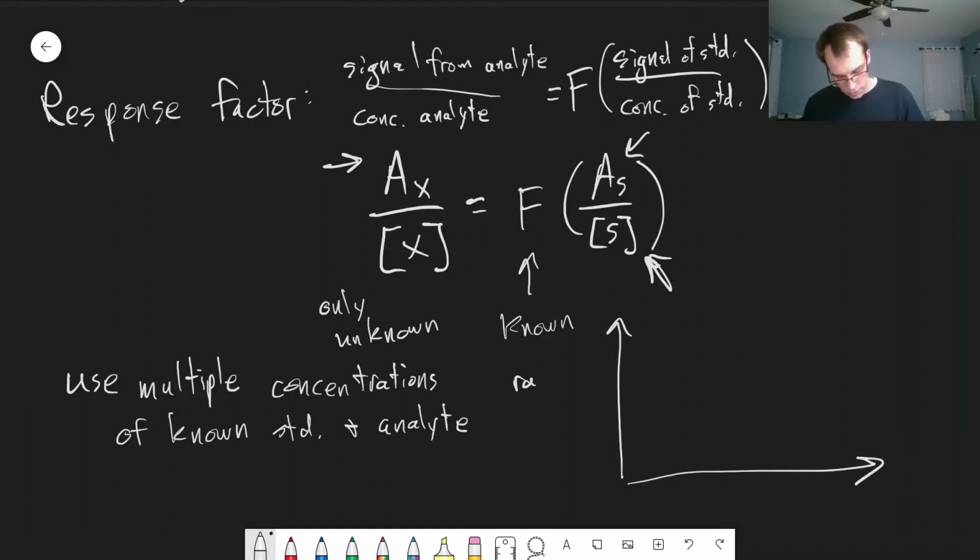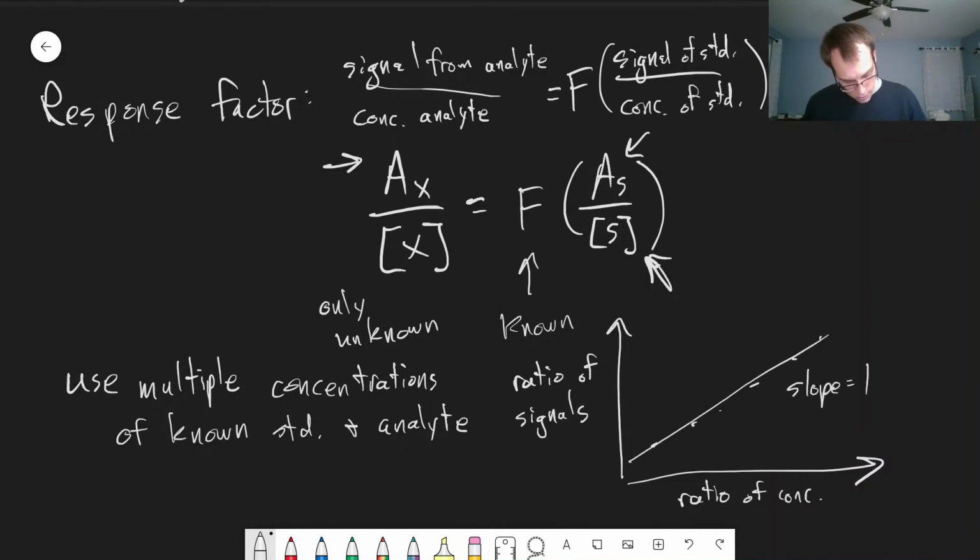We have here the ratio of the signals, and on the x-axis we have the ratio of the concentrations. This should fit to a line, and the slope will be equal to our response factor. And then once we know the response factor, if we measure the signal from the analyte as well as the signal from the standard and know the concentration of the standard, we can use this formula that we have written here to be able to find the concentration of our unknown that we want.